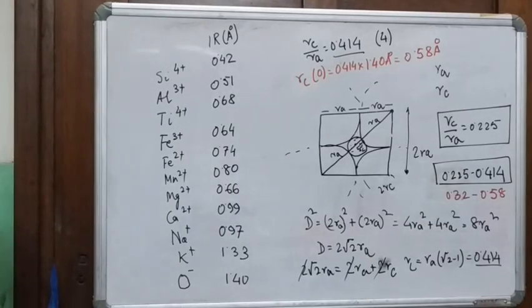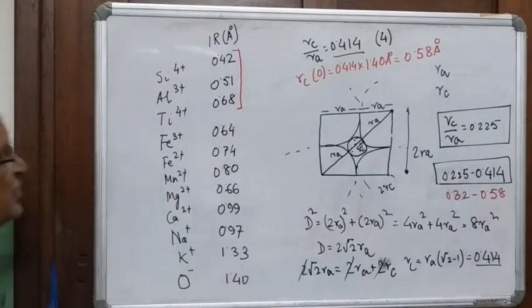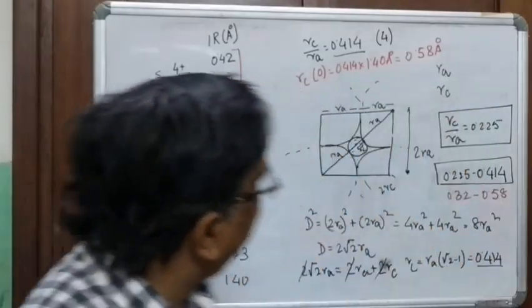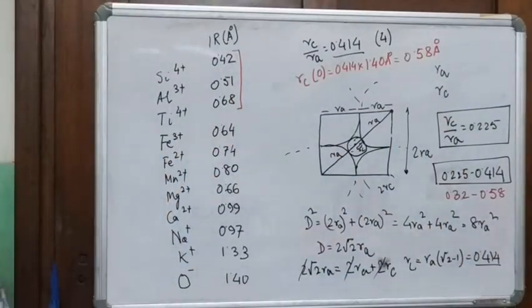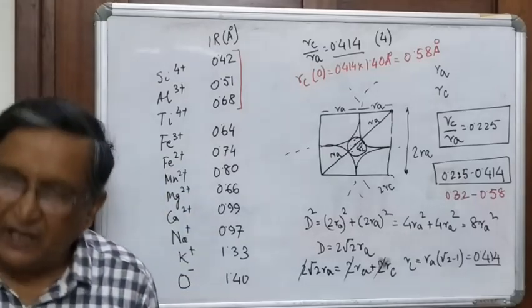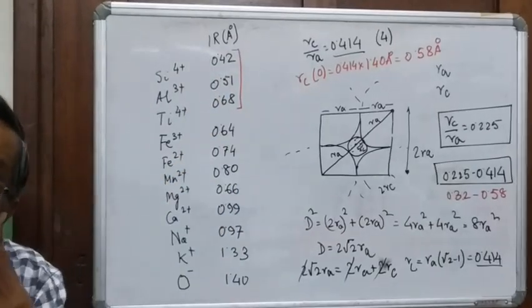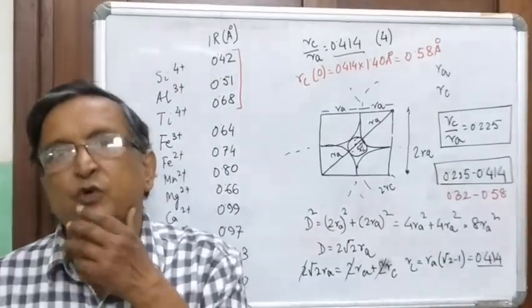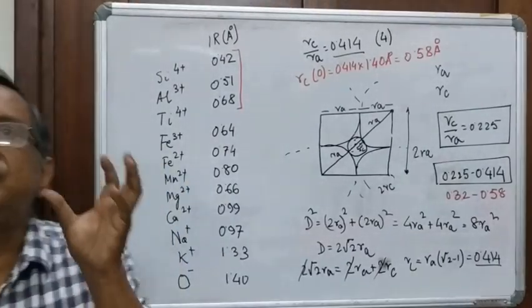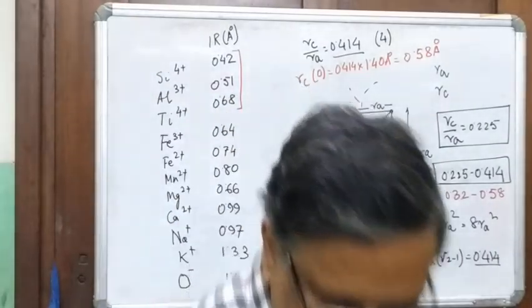Now you can say these 3 elements will have 4-fold coordination. But these are much, much bigger to be accommodated in a silicate structure under 4-fold coordination. You cannot do it. So that is very important, that for the silicon-oxygen bond, there is another complication to it. I will tell that to you.